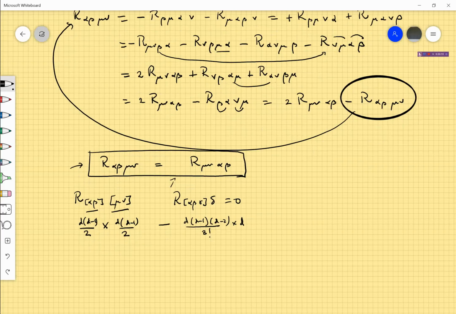It's not so difficult a calculation, and believe me, the result is 1 over 12 d squared times (d squared minus 1). So in 4 dimensions you have 20 independent components.